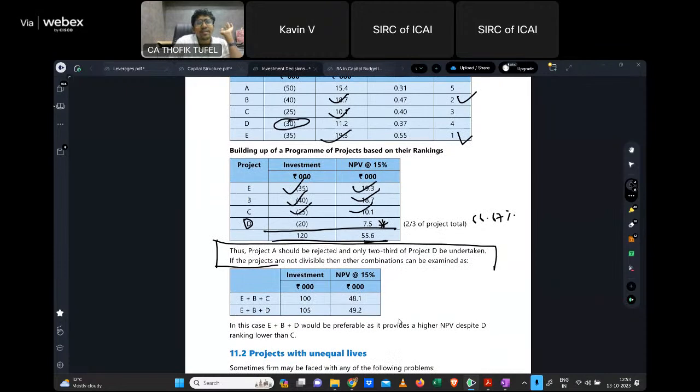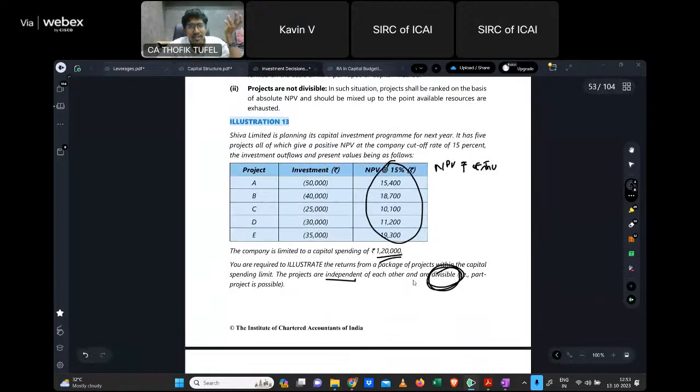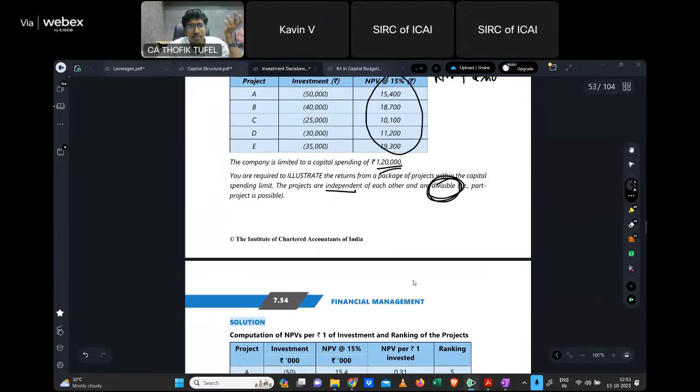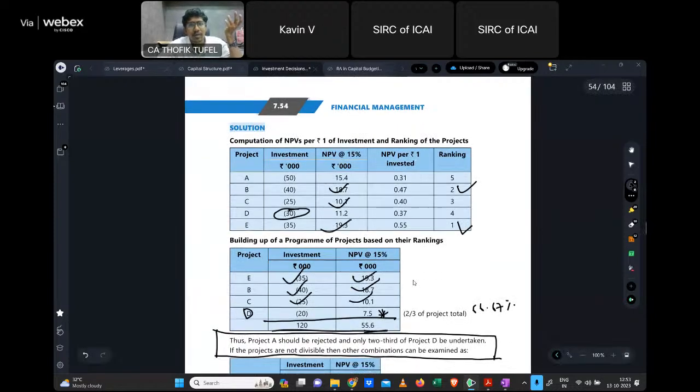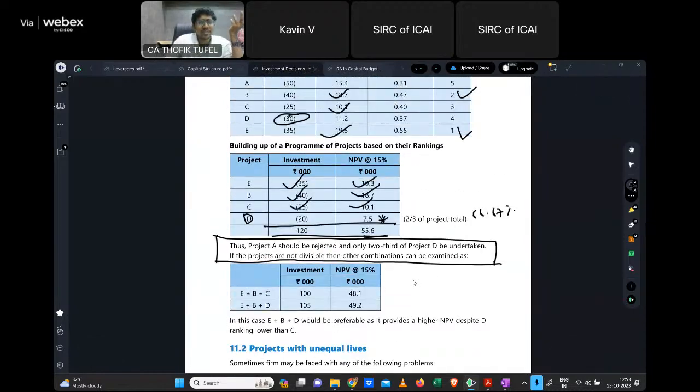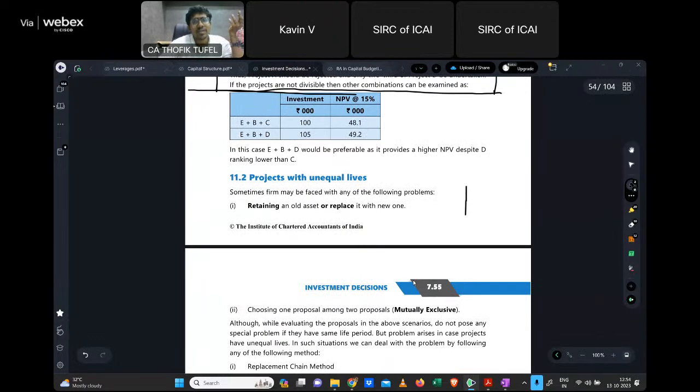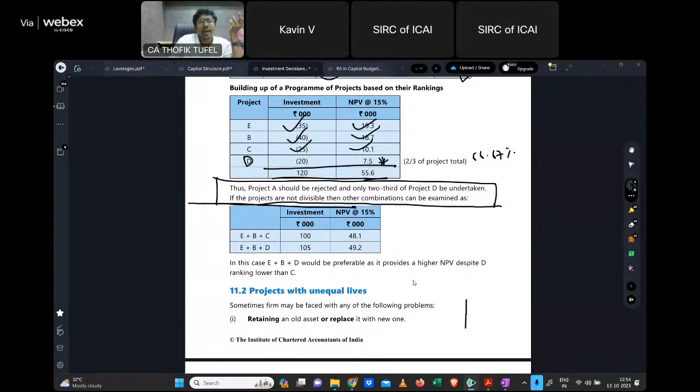Now, if the projects are not divisible, then what are the other combinations? If the projects are not divisible, then only 3 projects you can take. This is not given in the question, but suppose there is such a question: if the projects are not divisible, what should you do?